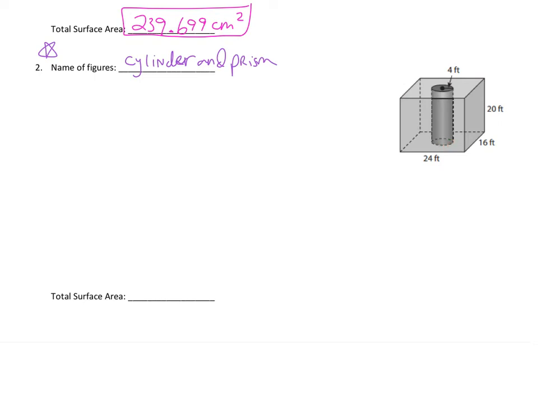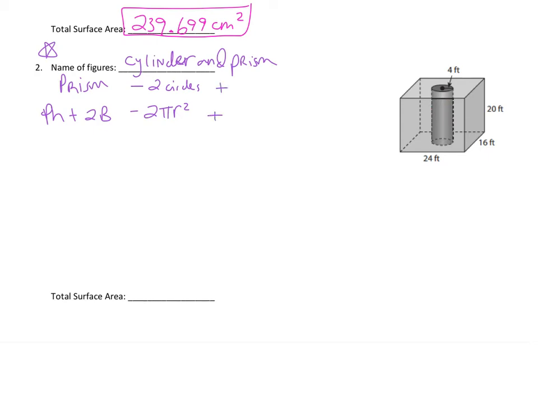So we need to subtract out 2 of the circles. So to show you what we have so far, we have our total prism surface area. We have to subtract out the area of the 2 circles on there, but we're going to have this hole in the inside where we could paint the inside edges.